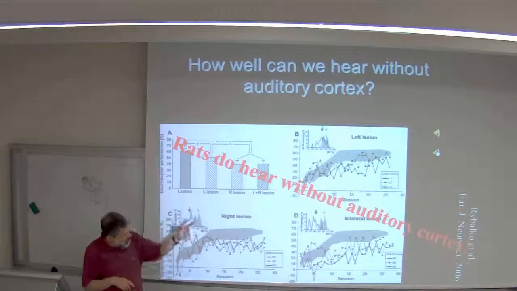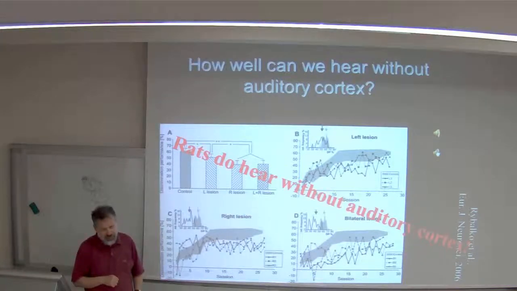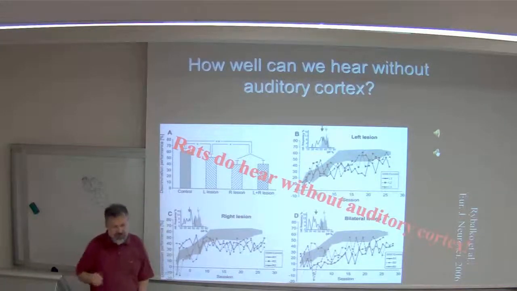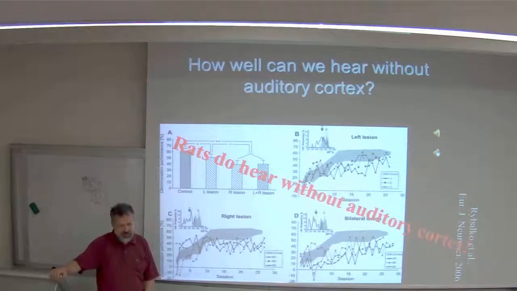But these were high frequencies, so presumably it's not that. They believe that it was not. By the way, what would be the experiment you would run in order to check that? Also, you can put earplugs, for example, and check whether they can do the task or not.